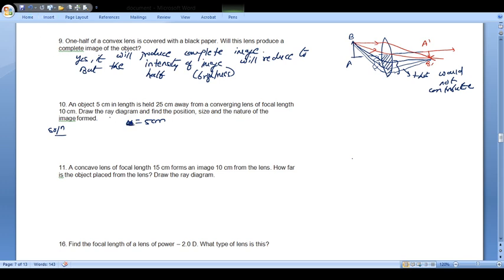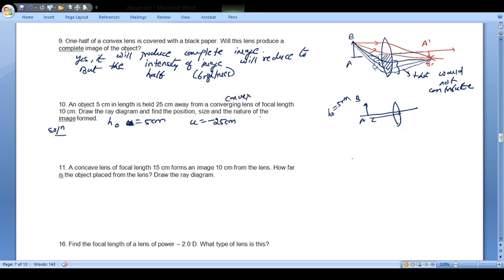This height of the object is 5 centimeter. Let us suppose this is the lens. So this height AB of the object is given as 5 centimeter, and this is held 25 centimeters away. So u is equal to minus 25 centimeter from a converging means convex lens.